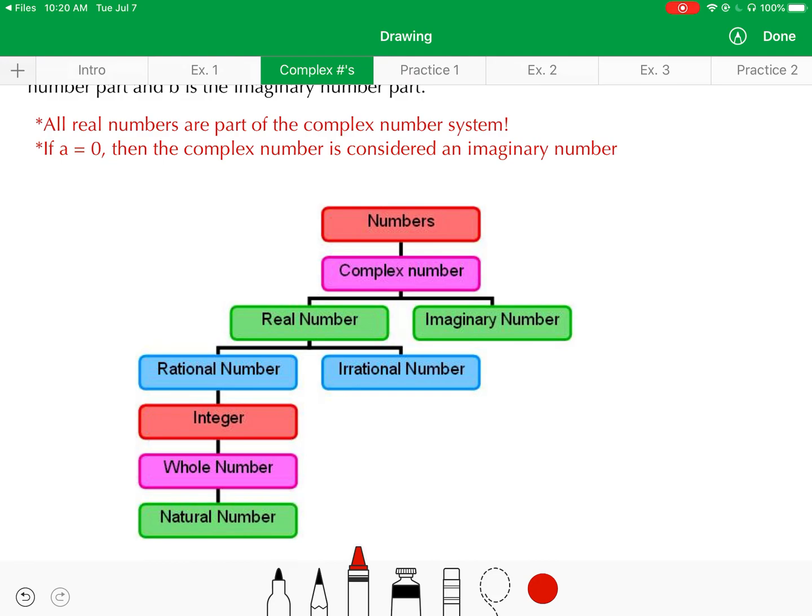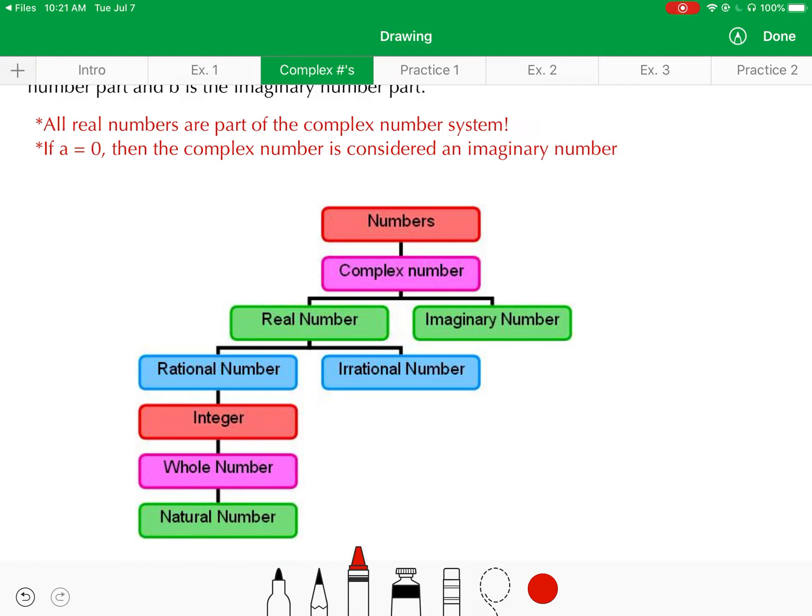And then notice the complex numbers are divided into the reals and the imaginaries. So first thing to draw your attention to is that there's separation between the idea of a complex number and an imaginary number. All imaginary numbers are complex, but not all complex numbers are imaginary.